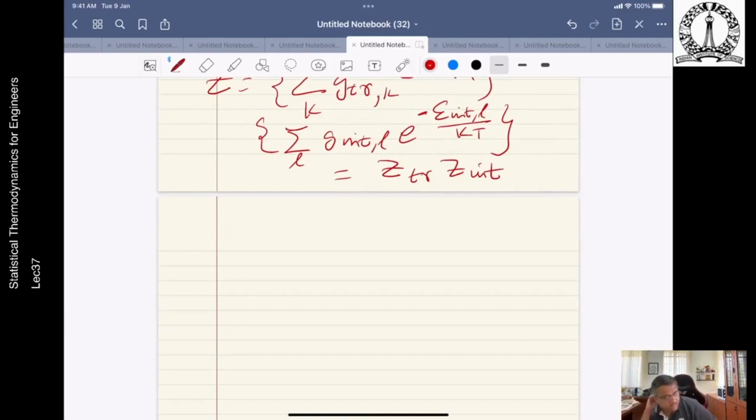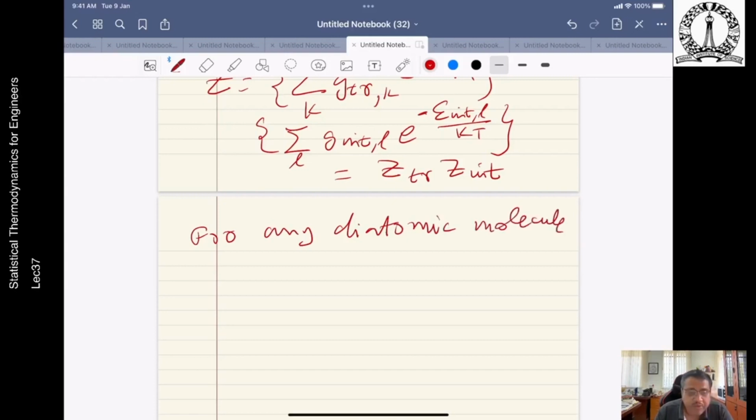So for all the four independent energy modes for any diatomic molecule, we can write Z as Z translation, Z rotation, Z vibration, Z electronic.